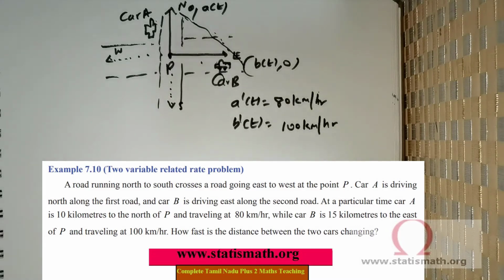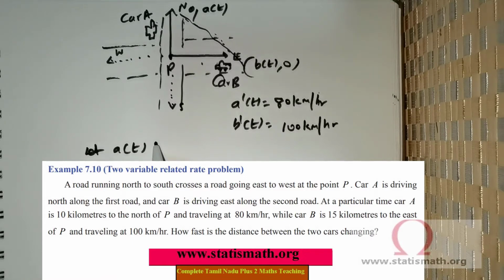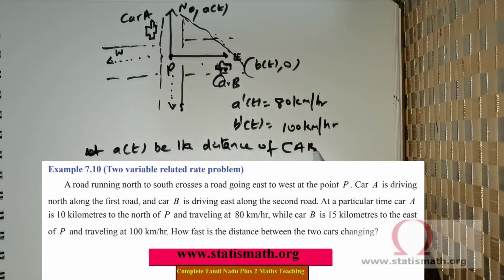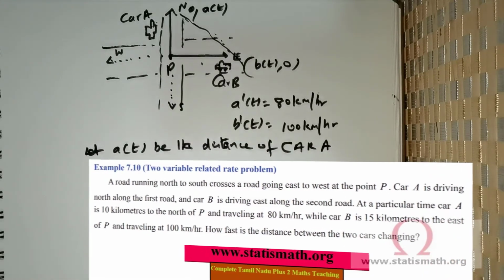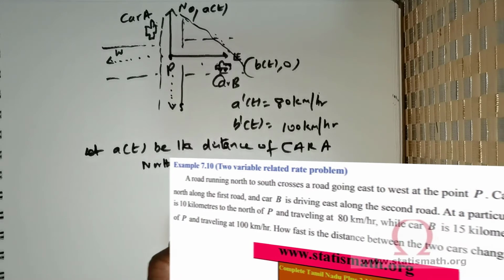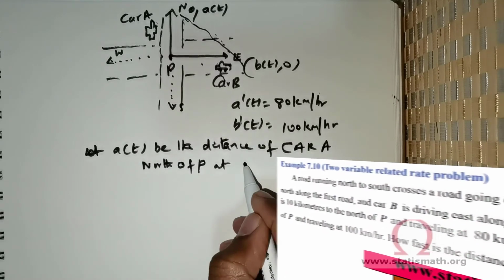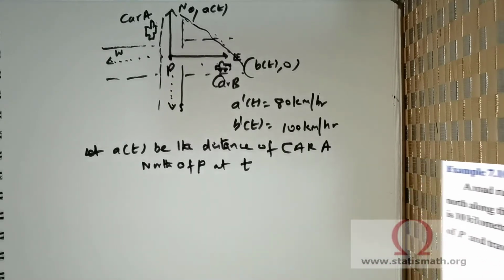So, we have to do this question. We can start off by placing the following information. Let A of t be the distance of car A north of P at any time t.